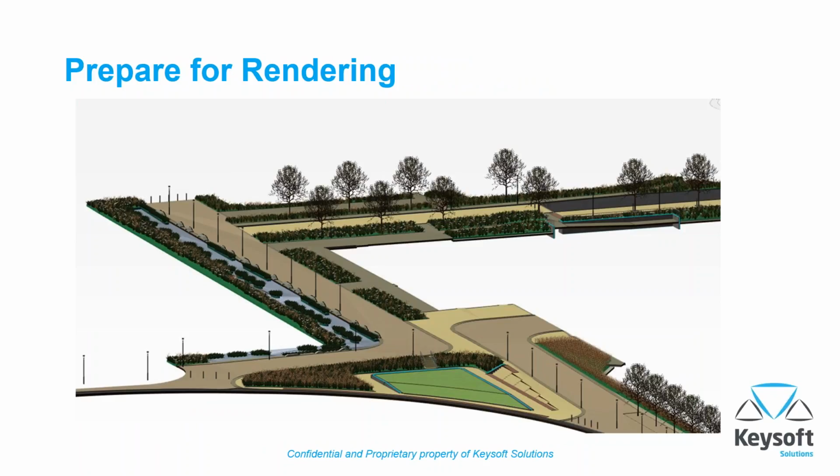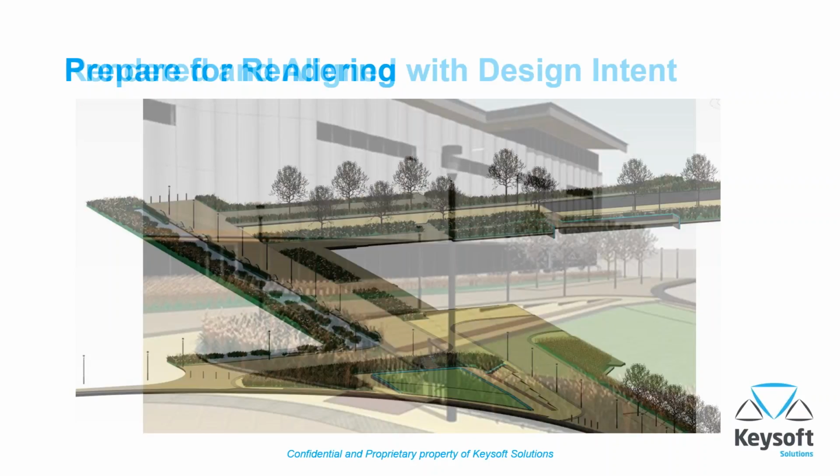We have placed all of the plant material on the topo surface and the green spaces in between the paving areas. We've replaced the lollipop kind of trees and the more generic ground cover symbols with the photorealistic library that they've purchased.